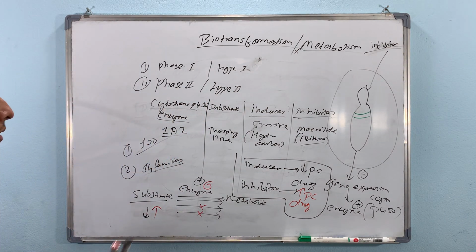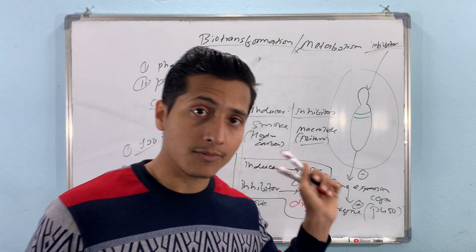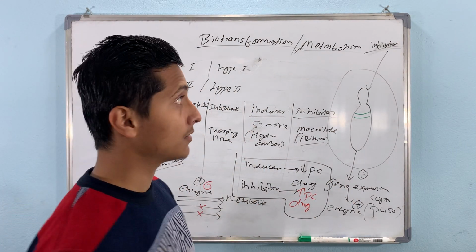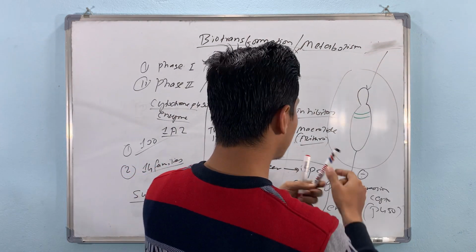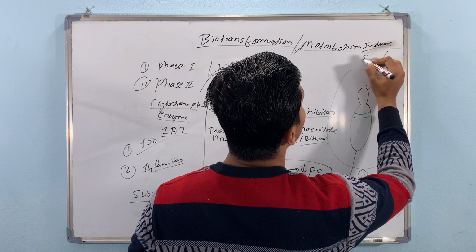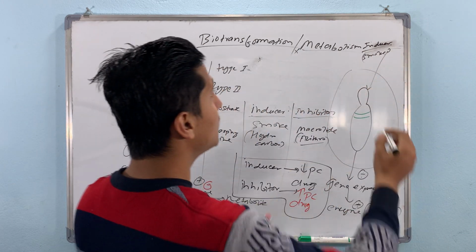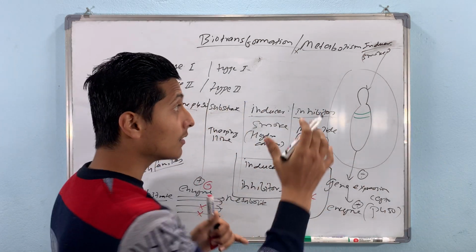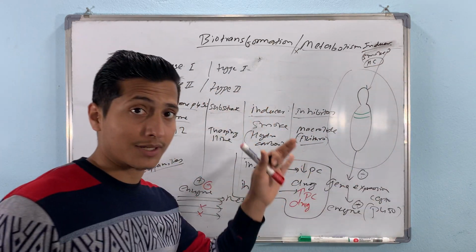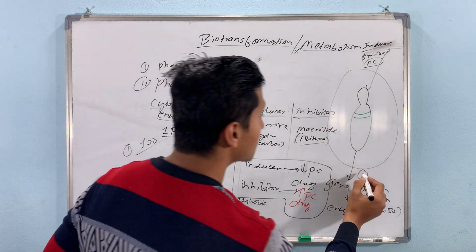Now, suppose a person is a chronic smoker. When he smokes, there's hydrocarbon in the smoke, right? The hydrocarbons present in the smoke get into the blood, and what they do is induce the gene expression.